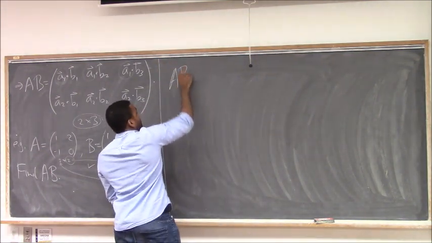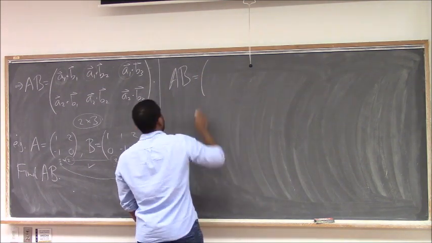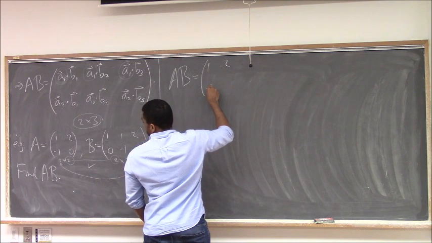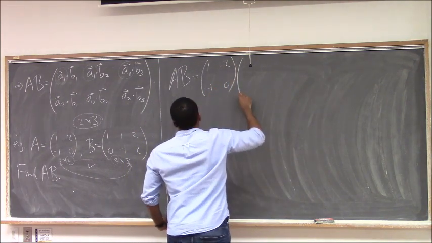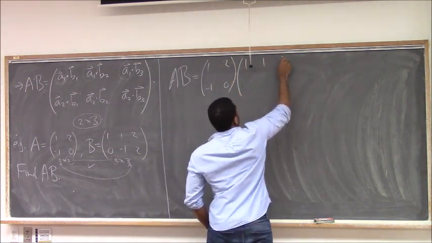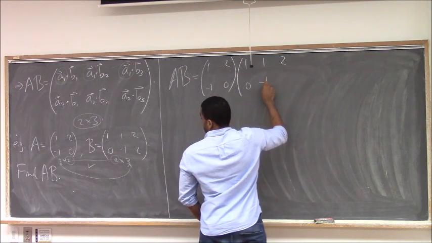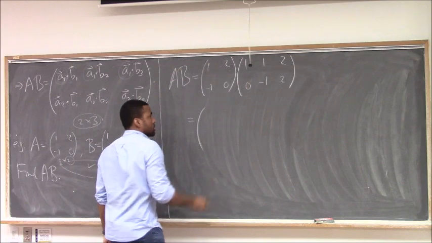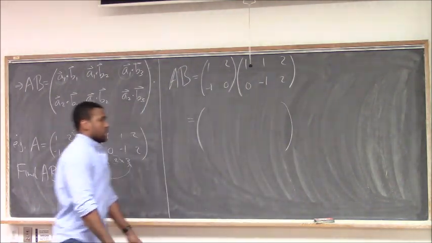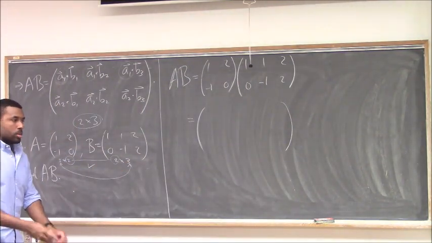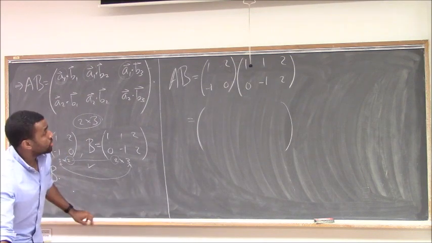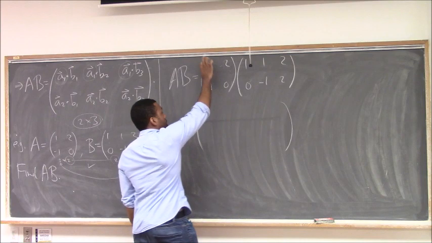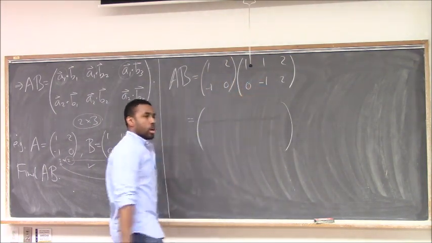So AB is going to be equal to [1, 2; -1, 0] times [1, 1, 2; 0, -1, 2], equals. In the future, I won't write out this much, but I'm going to write out everything right now. To get the first row of the result, you need to take the first row of A and dot product with all the columns.